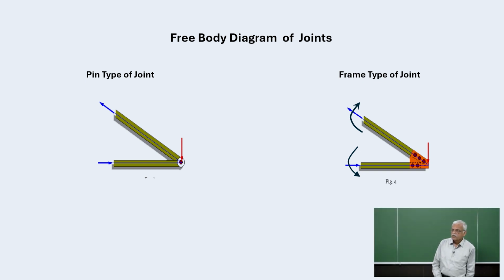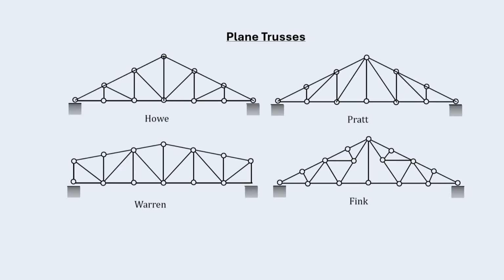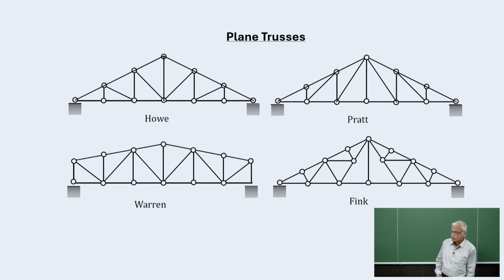Okay. So what we will do is first take up the pin type of joints, in the sense that we take up planar trusses, which are two-dimensional in nature. The forces on the system may be in the X or Y direction, or a combined X and Y at an angle also. And finally, the supports are also there.